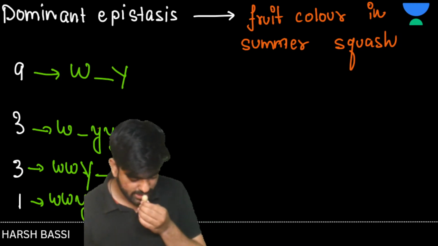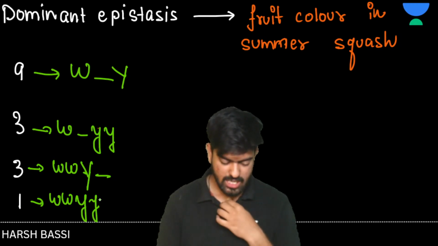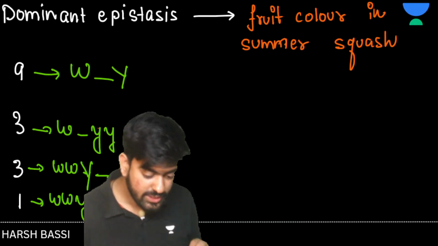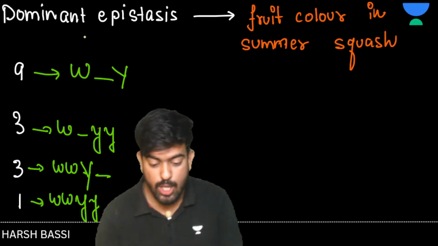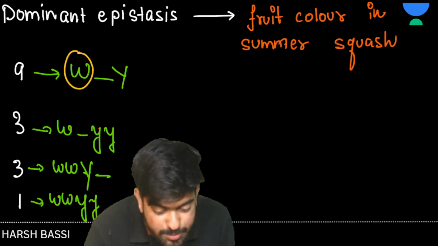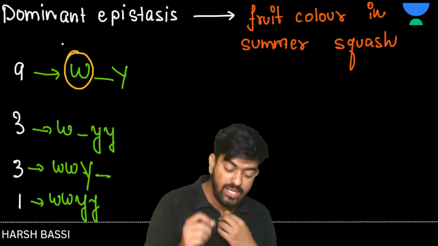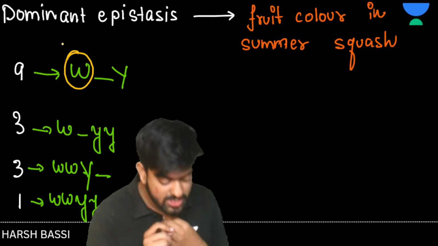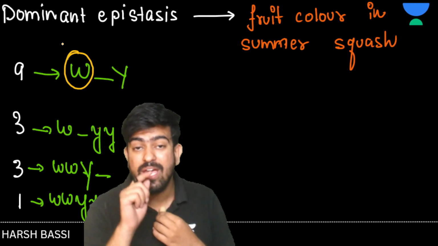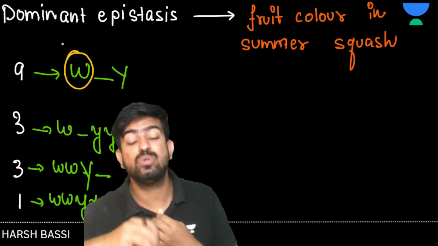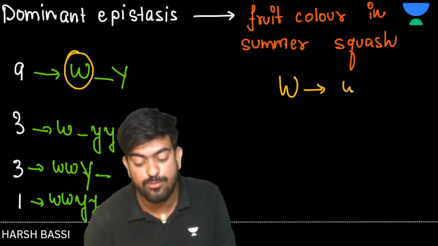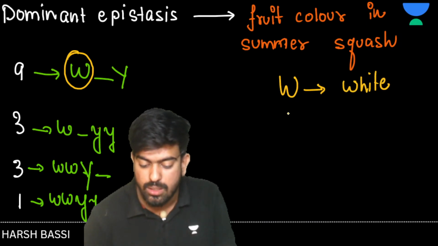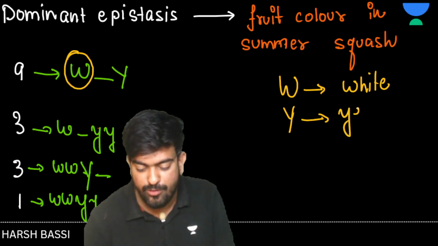So sir, what's going to happen here? In normal condition, this is the dominant epistasis. If a dominant gene is present, it will produce its own phenotype. Capital W is responsible for white color, and capital Y is responsible for yellow color.